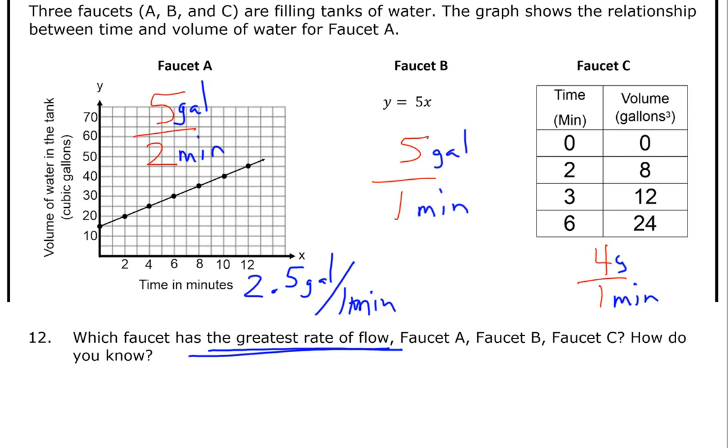So 2.5, 5, or 4? Well, first let's answer the question. Faucet B has the greatest rate of flow. How do you know?